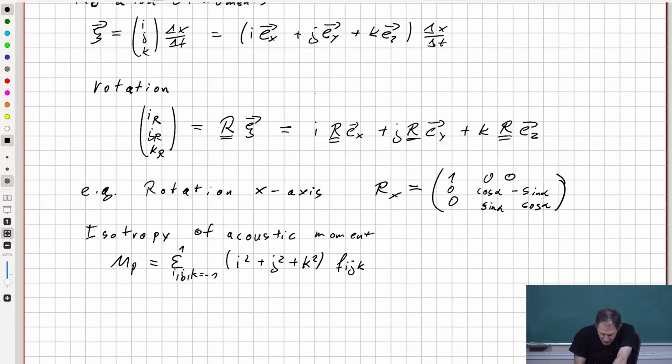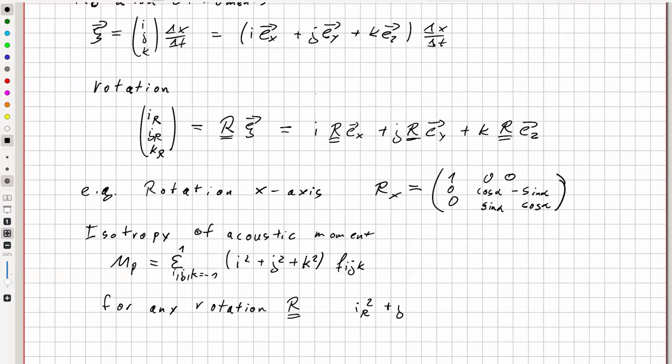Now you do a rotation, and this is actually true for any rotation. With any rotation, you get that i_r square plus j_r square plus k_r square is equal to i square plus j square plus k square, or let's say the sum over all of them. The sum of all of them is the same.